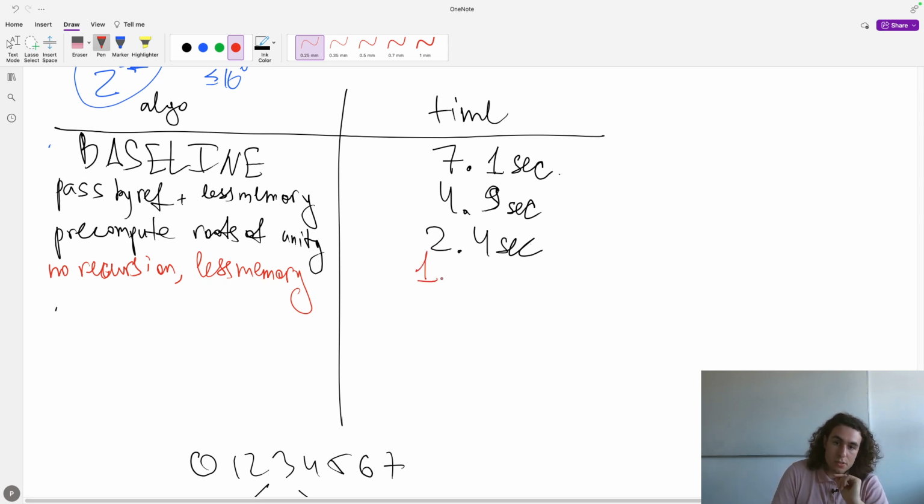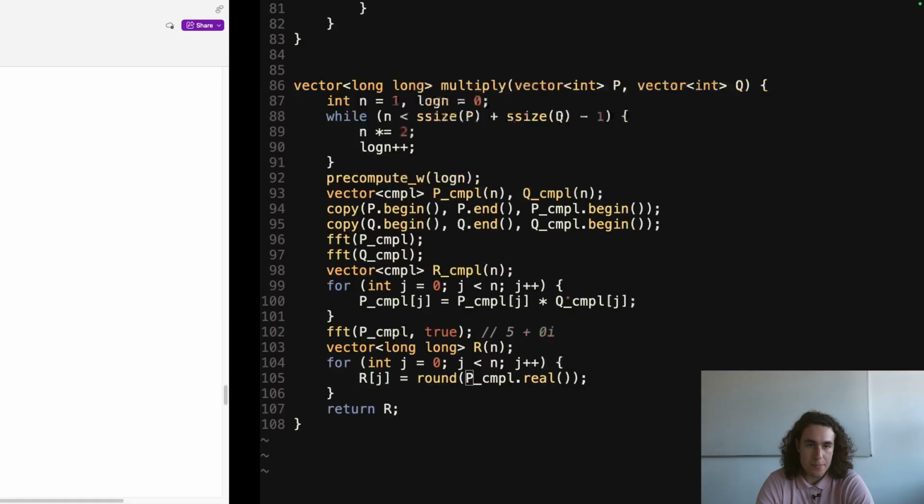Now this code takes 1.35 seconds, so almost another improvement by a factor of 2. We're going to make one little improvement more, and then we're going to have an improvement of a factor of 2 over the recursive version.